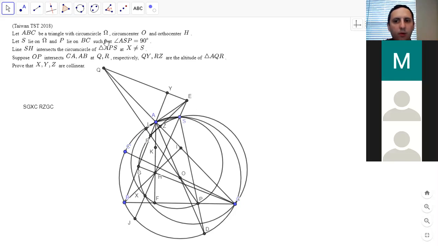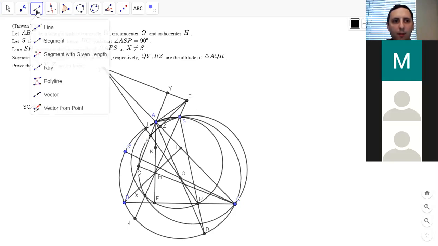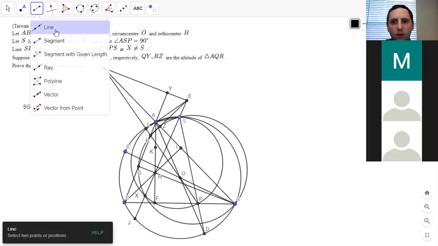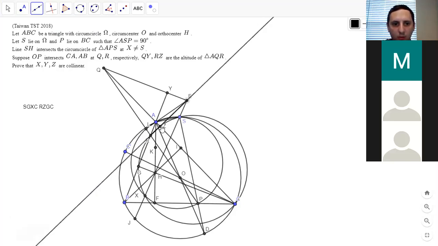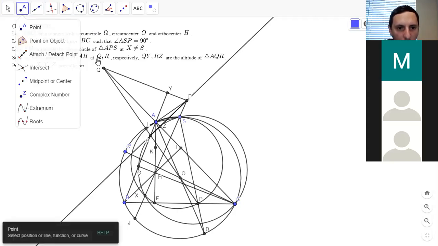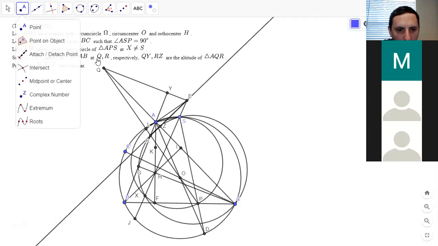So maybe it's worth... see, we want to show LAR equals RZX.